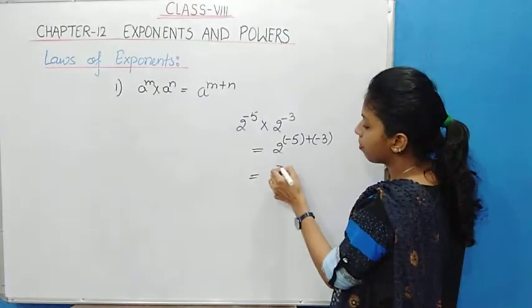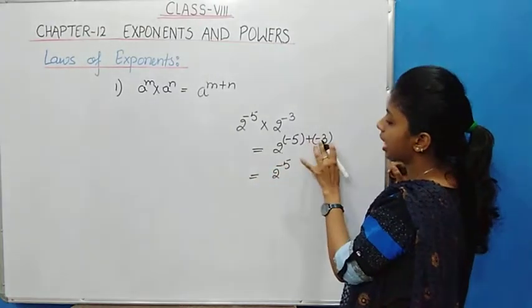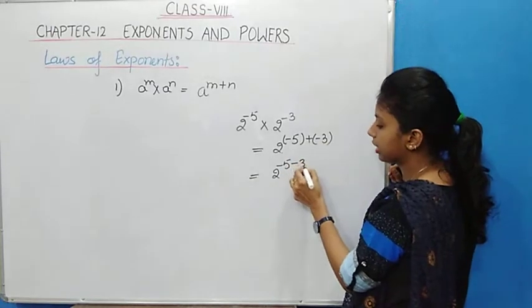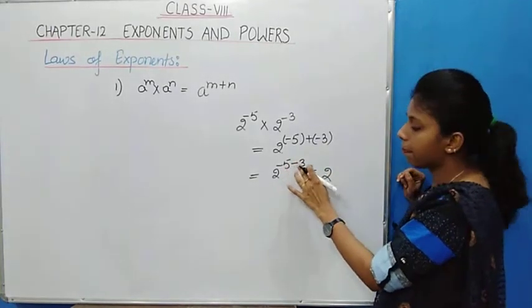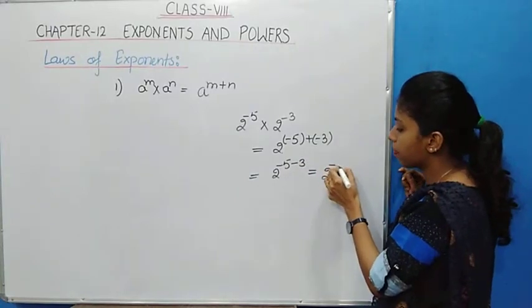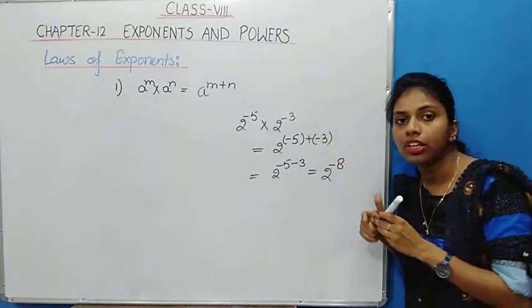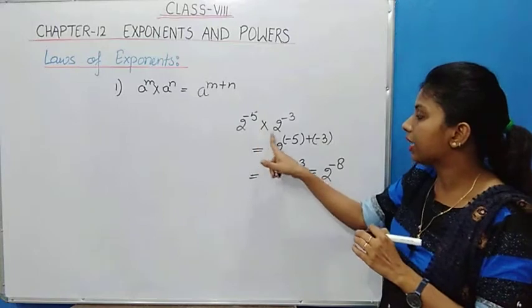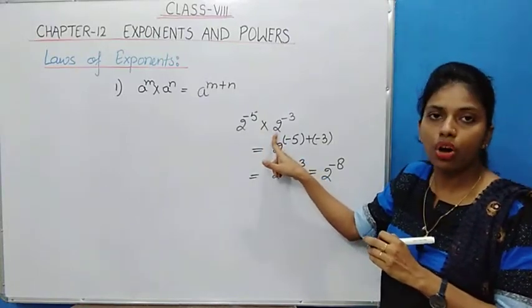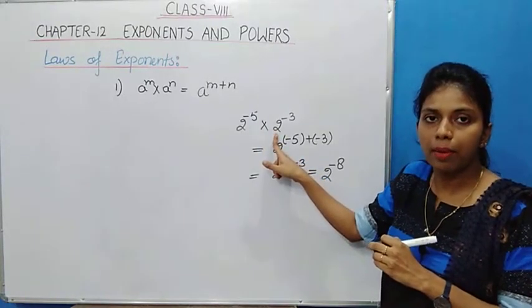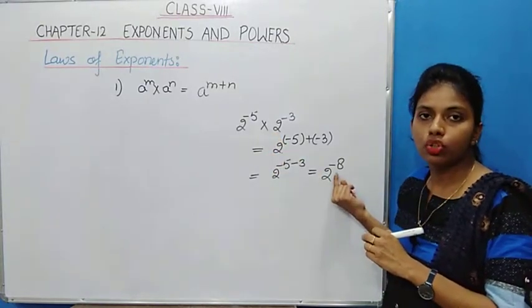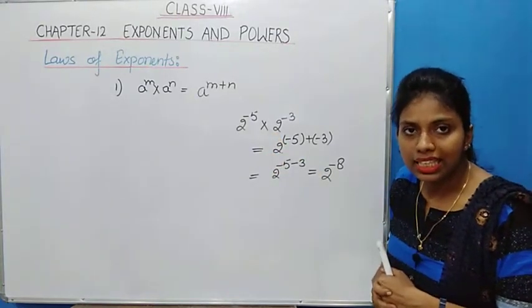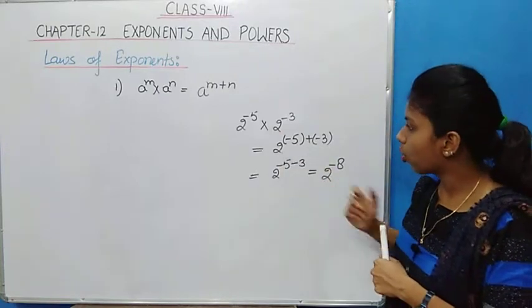Minus 5, this plus and minus become minus 3, so minus 5 minus 3 becomes minus 8. So after multiplication of two exponential numbers with the same base, we get 2 raised to power minus 8. Let's check whether this is true or not.